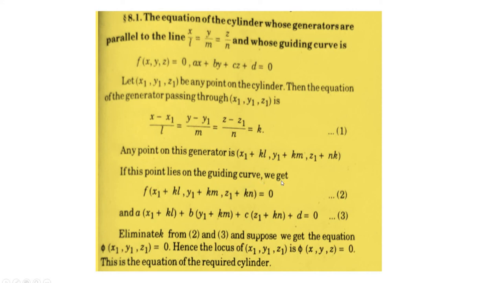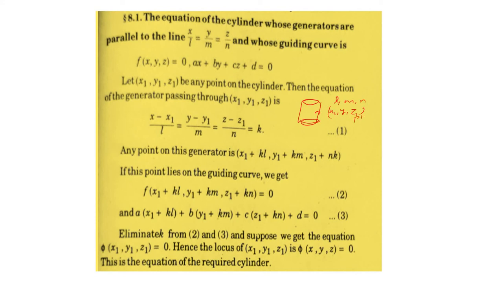This point has to lie on the guiding curve, so we just replace x, y, z by this. We have a cylinder whose equation is to be determined, and the guiding curve can be a circle, an ellipse or even a parabola. We consider x1, y1, z1 to be any point on it, and the line is parallel to the line whose direction cosines are given.